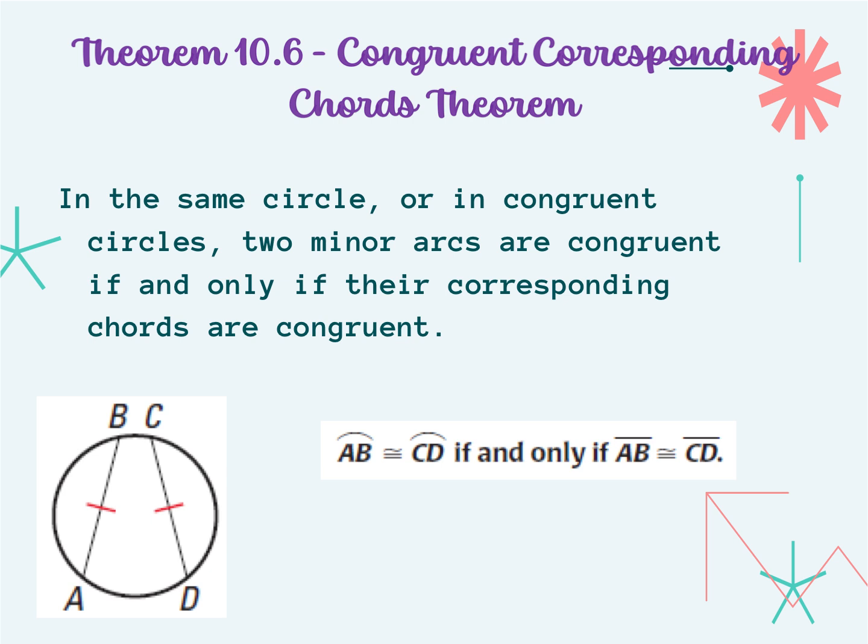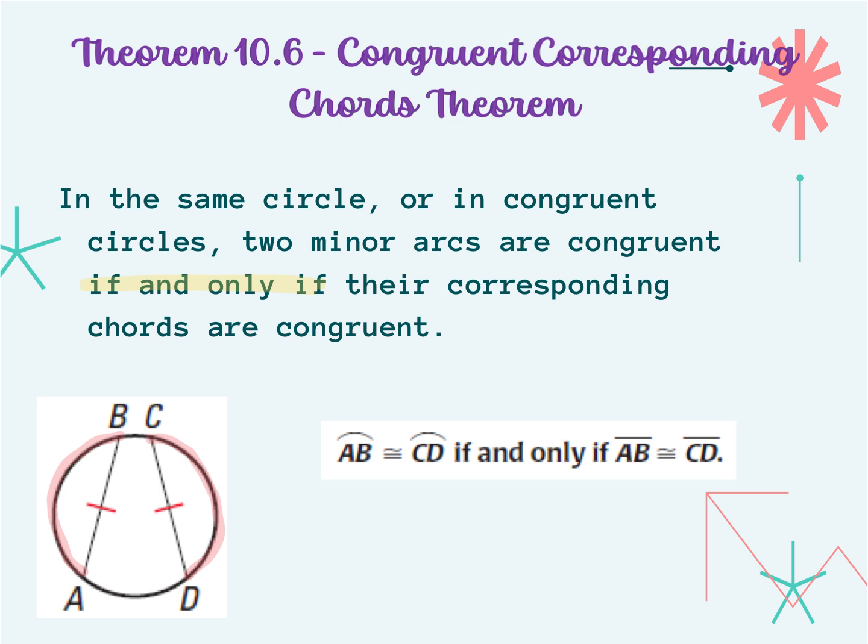So it says, in the same circle or in congruent circles, two minor arcs. I'm going to highlight those little minor arcs, which are right here. Two minor arcs are congruent if and only if their corresponding chords are congruent.